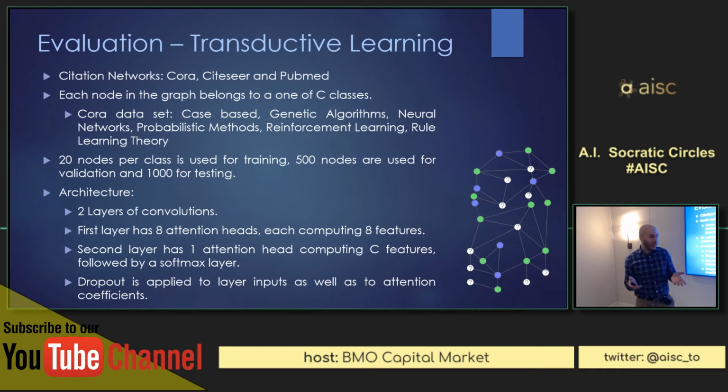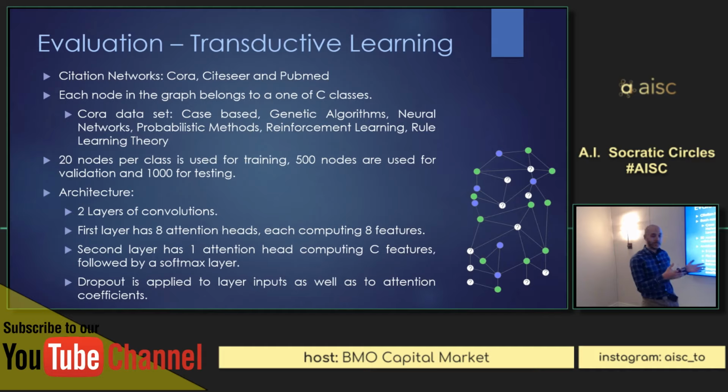For the architecture of the network, they use 20 nodes per class for training, 500 nodes for validation, and 1,000 nodes for testing. The architecture was 2 layers of the so-called convolutional operator.